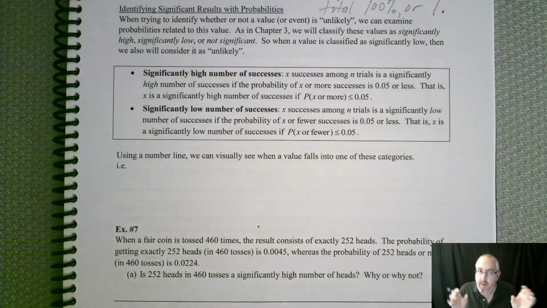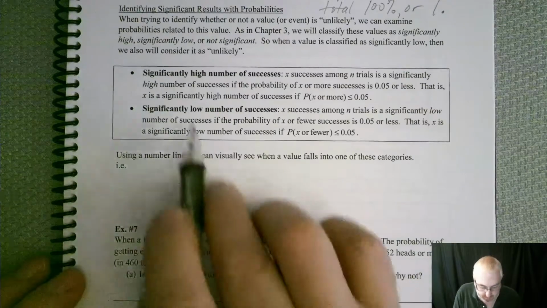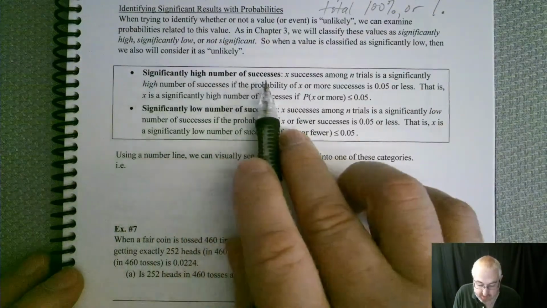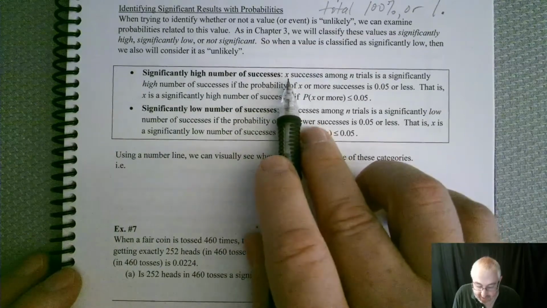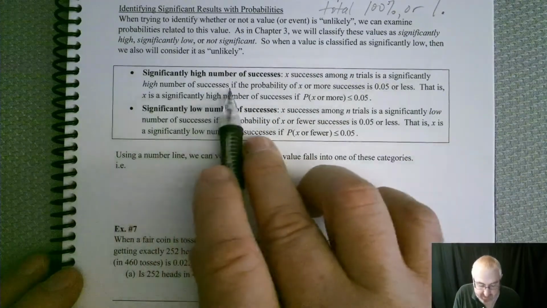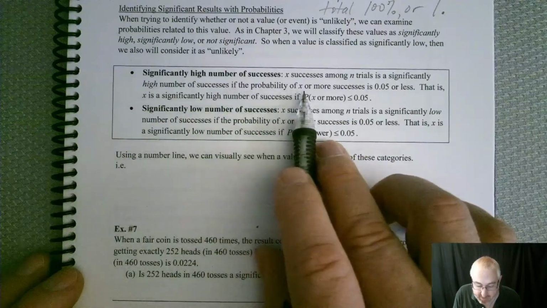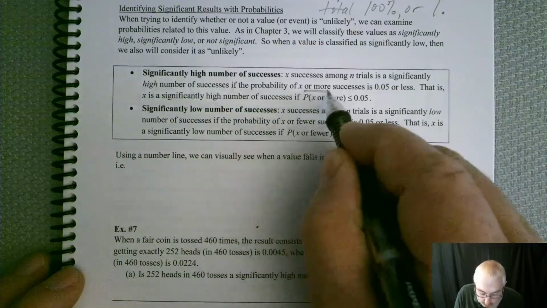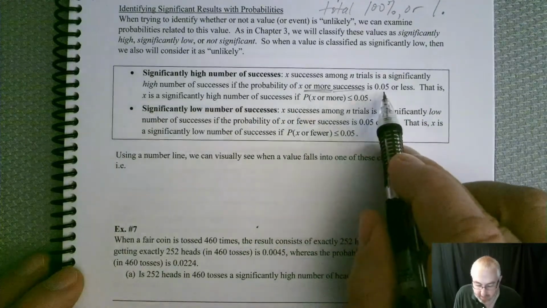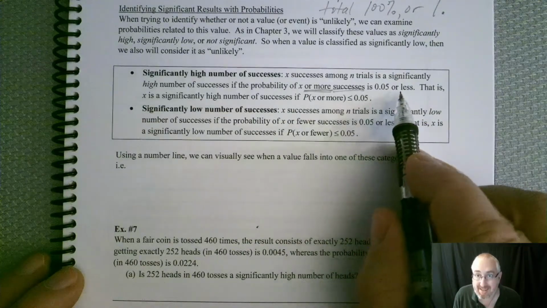All right, so now what are the cutoffs? What are the cutoffs for significantly high and significantly low? So let's read further. If we have a significantly high number of successes, then that means that X successes among N trials is a significantly high number of successes if the probability of X or more successes is 0.05 or less.